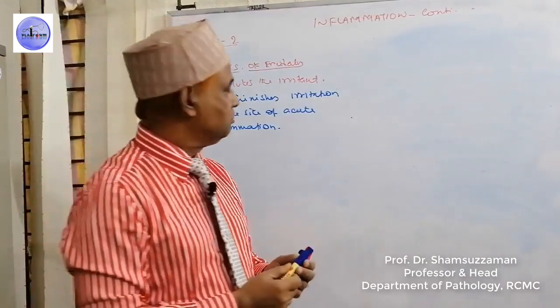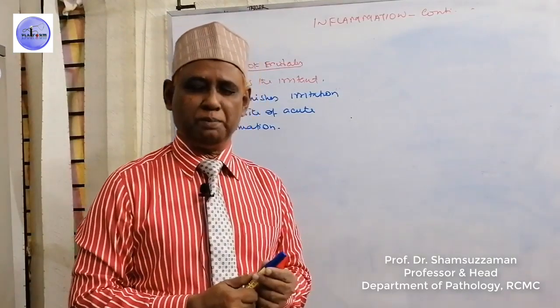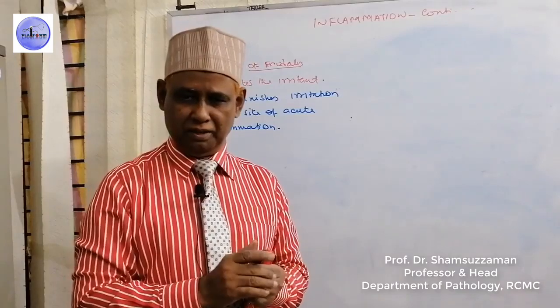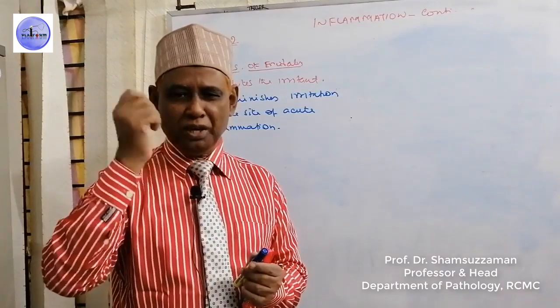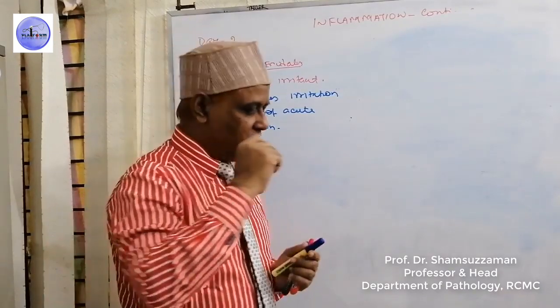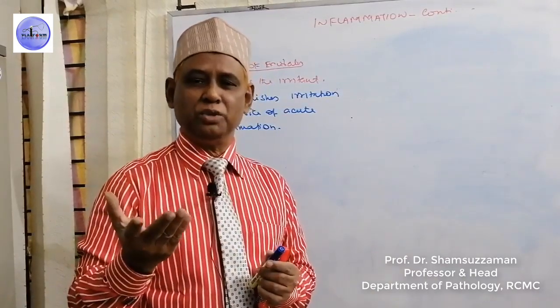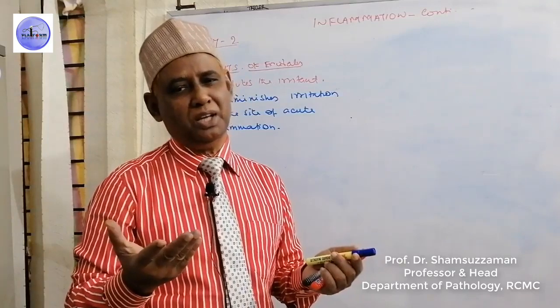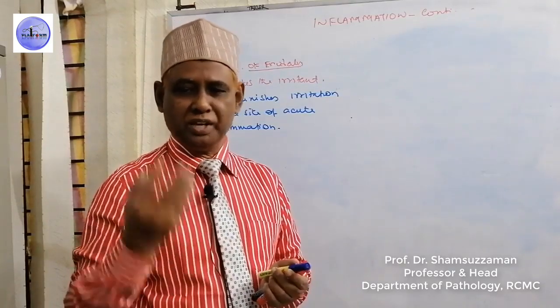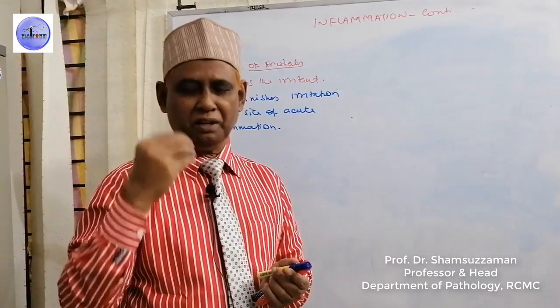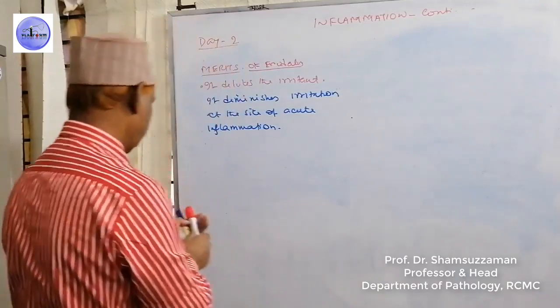If anybody is exposed to foreign particles or dust on the eye, there will be irritation. And when there is watering from the eye, this watering is nothing but exudate, there will be diminishing of the irritation. So it dilutes the irritants in the eyeball and diminishes the irritation.